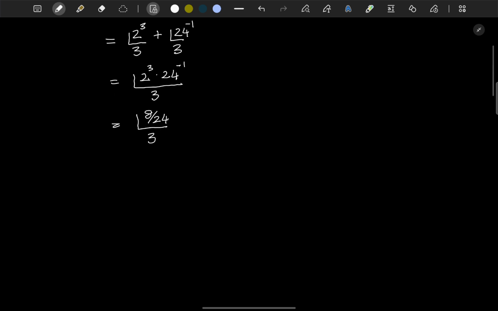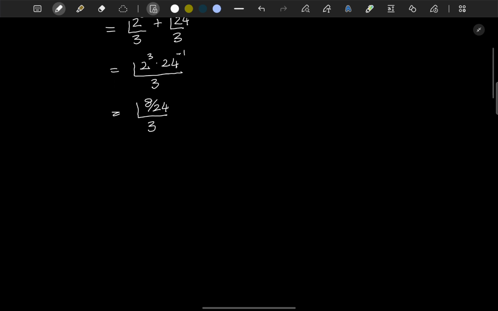Agree? 8 over 24 is equal to log 3 of 1 over 3, a third, yeah? And a third we could write as log 3 of 3 to the minus 1.